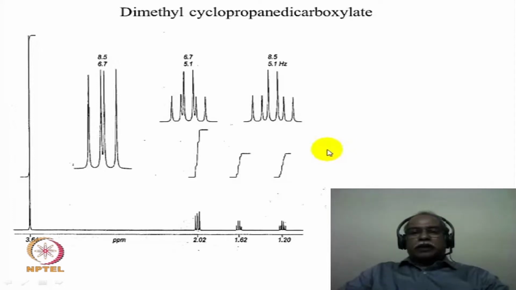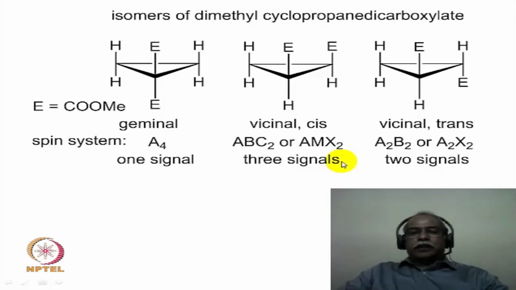What we need to identify is how many isomers are possible for the dimethyl cyclopropane dicarboxylate, and of the possible isomers, which one will have 4 different types of hydrogen, in terms of the 4 different chemical shift values that it offers in this spectrum. Now these are the possible isomers of dimethyl ester of cyclopropane dicarboxylate.